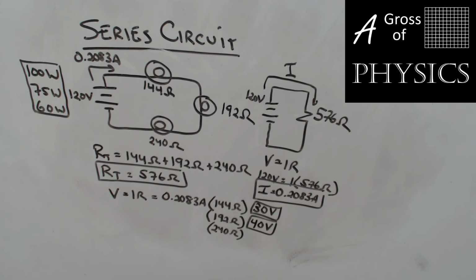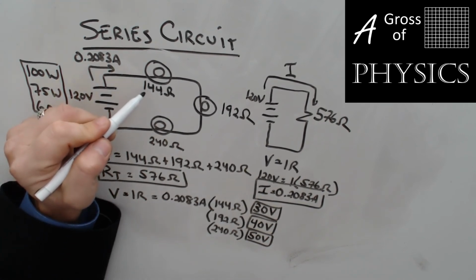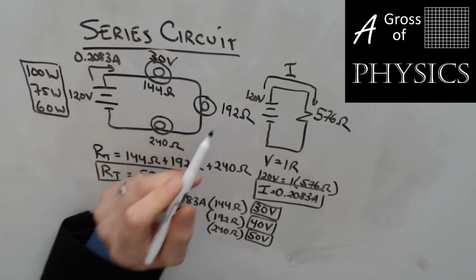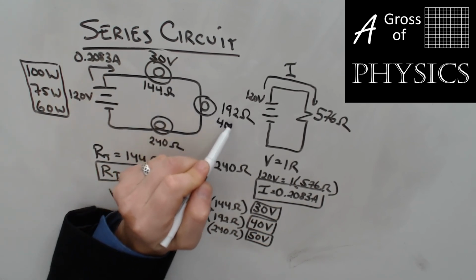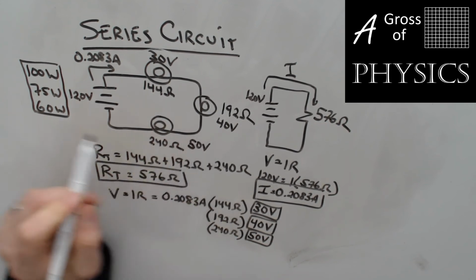And 0.2083333 times 240, we get 50. So the 144 ohm resistor takes away 30 volts of the total. The 192 takes away 40 volts of the total, and the 240 takes away 50 volts of the total.